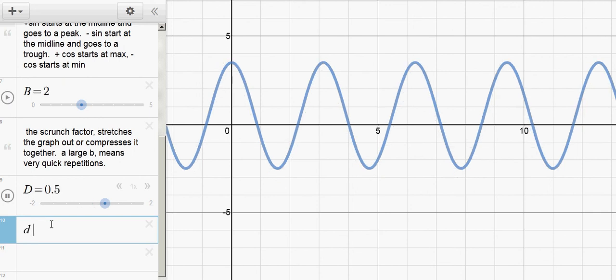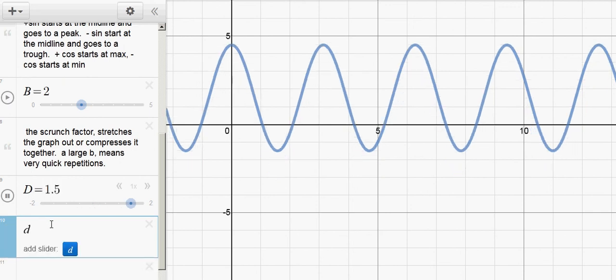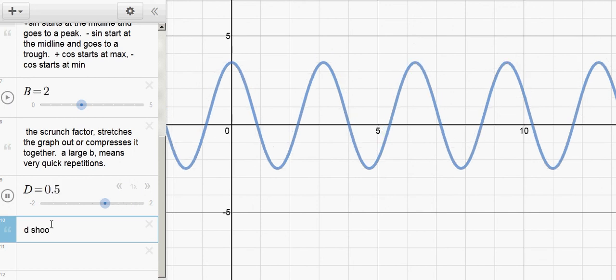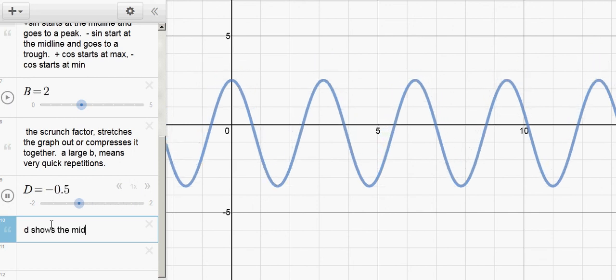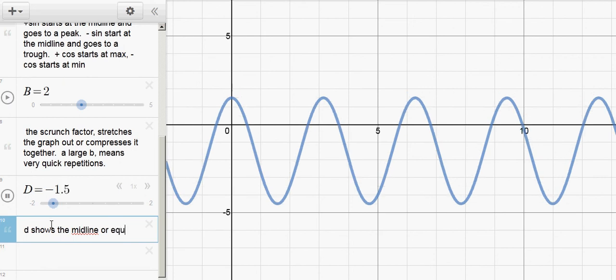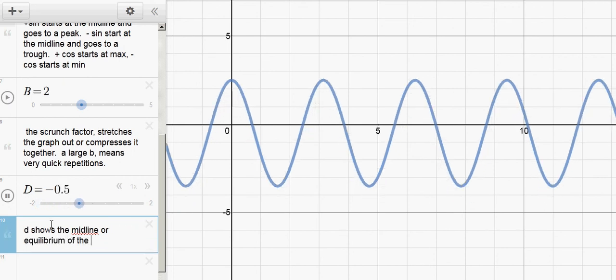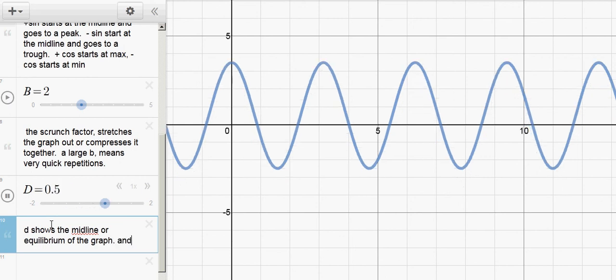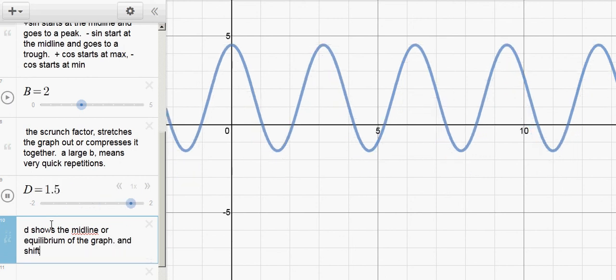D shows the midline, or what we call equilibrium of the graph, and shifts the graph up or down.